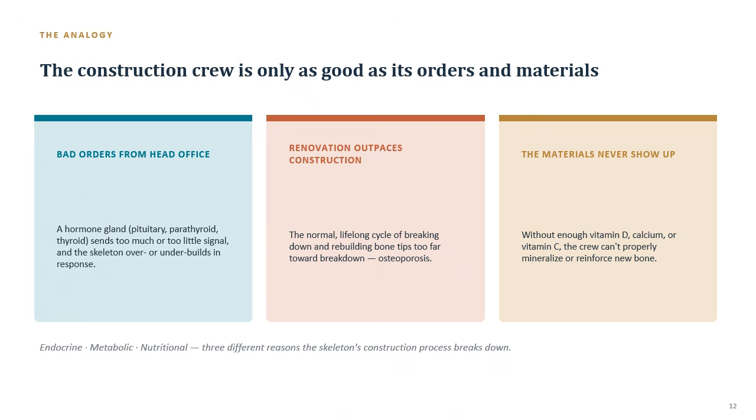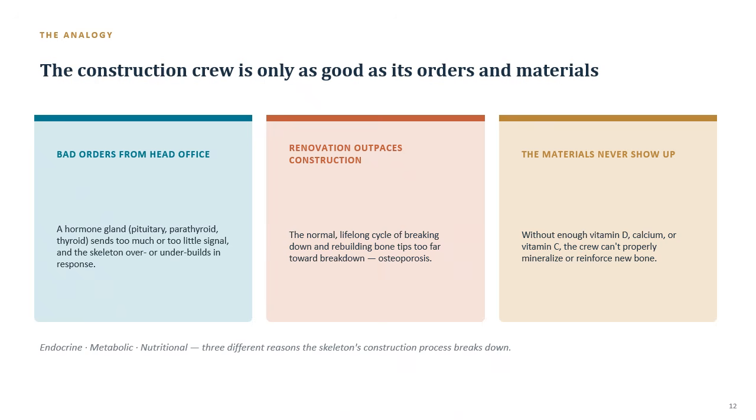Category 1, bad orders, is your endocrine system. The second category, renovation outpaces construction, is the metabolic category. And your last one, materials never show up, is the nutritional category.